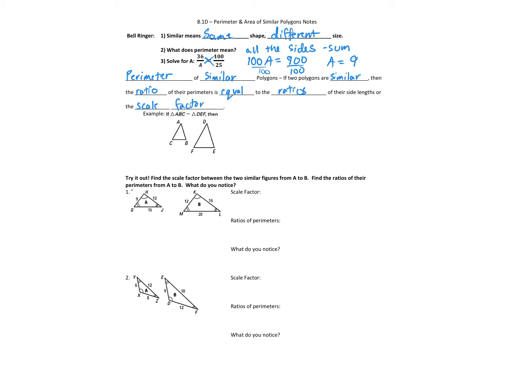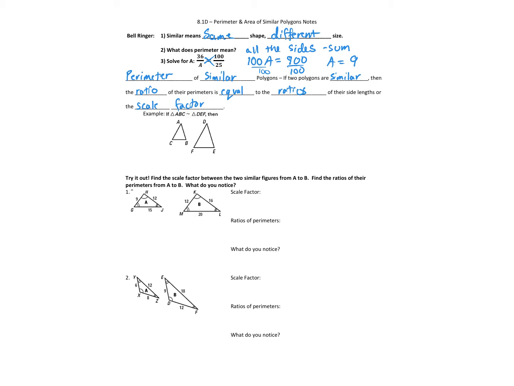So when a question asks you for the ratio of the perimeters, you don't have to find the perimeter at all. If you already know the scale factor of the sides, then you know the perimeter.